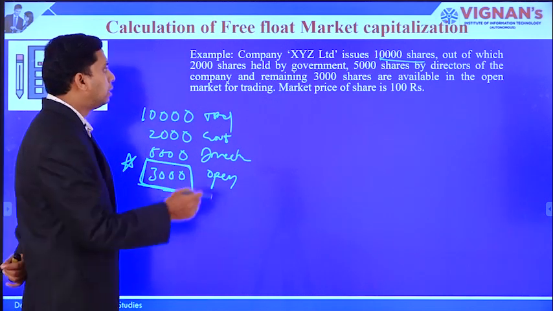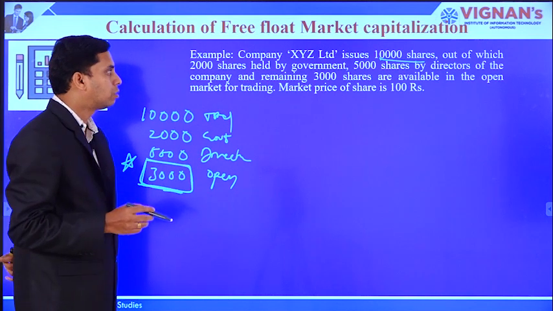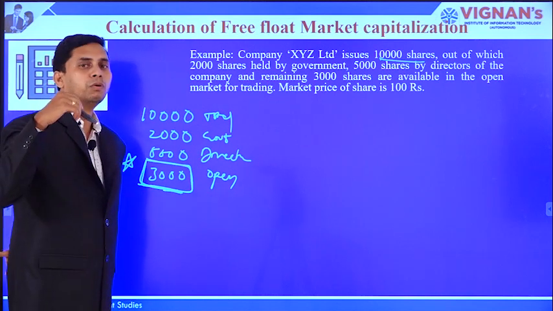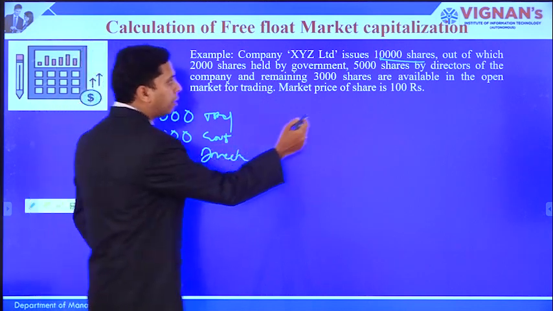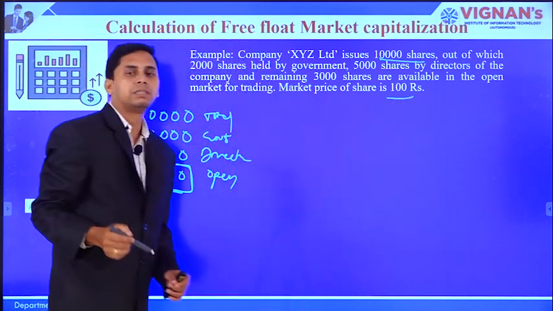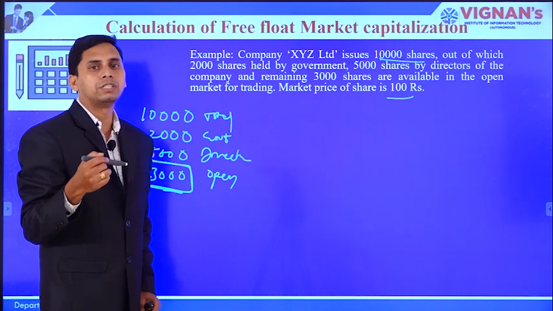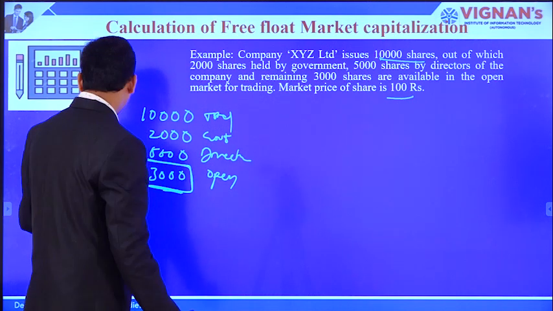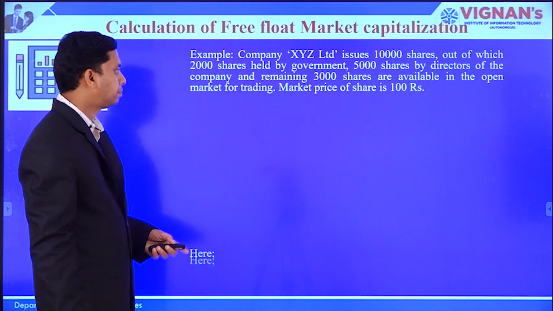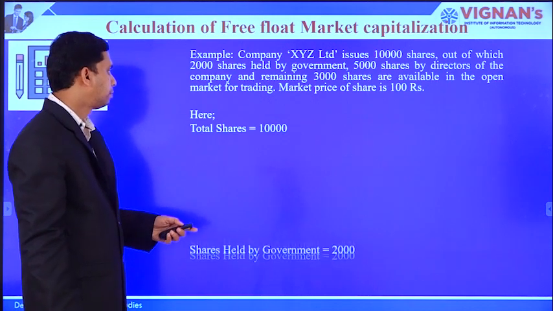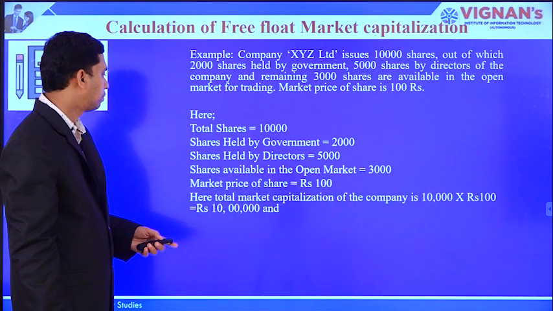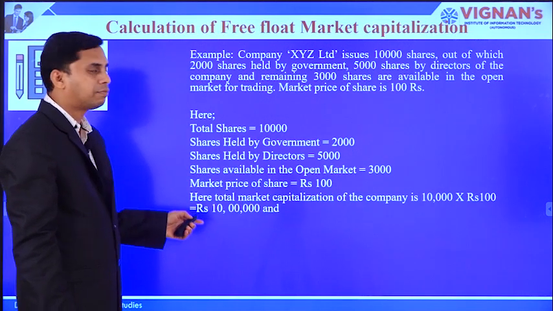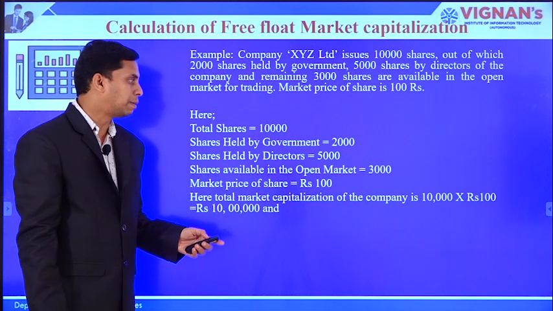That is why these shares are known as open shares for market trading. And the market price of a share is nothing but the price at which the share is trading in the market. So, from this we can calculate the market capitalization.